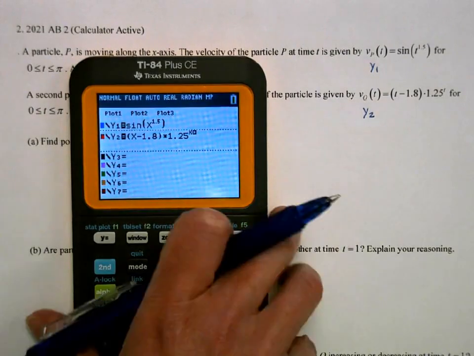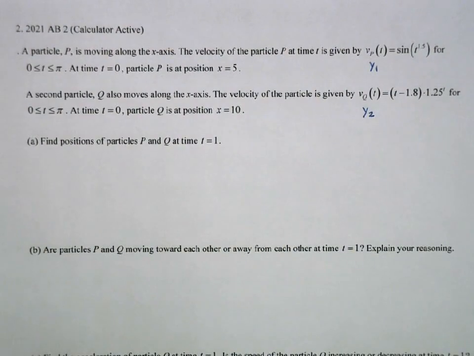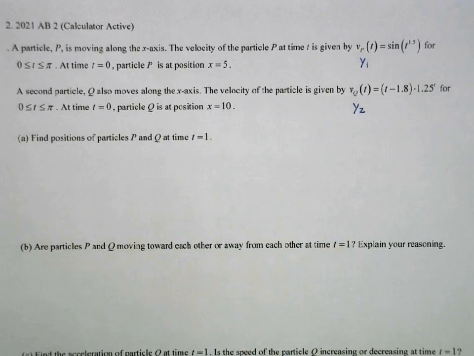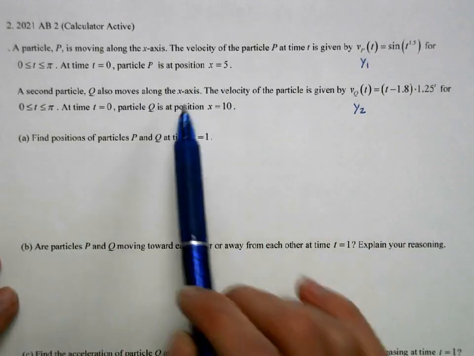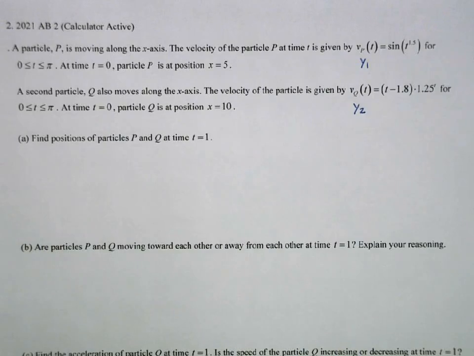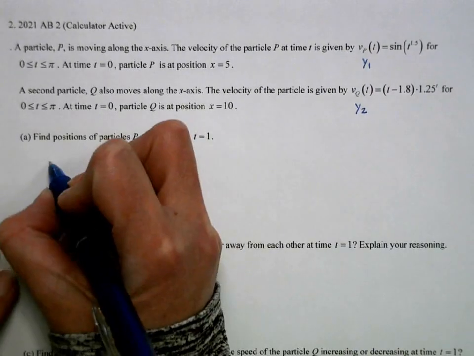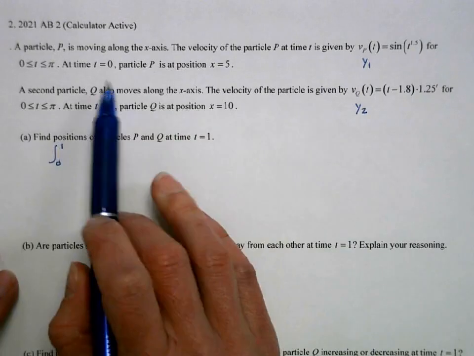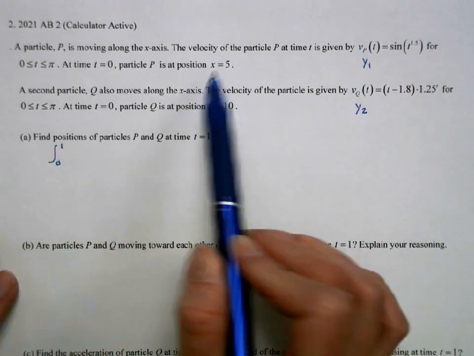Okay. First it says find the positions of particle P and Q at t equals 1. What we have is the velocity and a known position for each. So we're going to use the fundamental theorem again. So I'm going to integrate from 0 to 1. 0 because that's the one I know its position, 1 because that's what I'm trying to find.